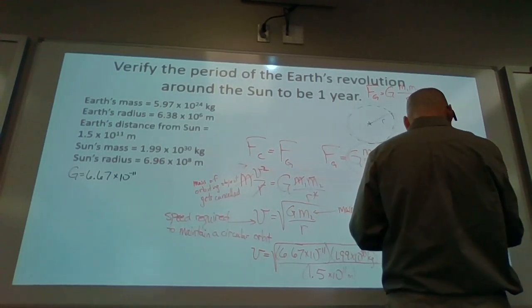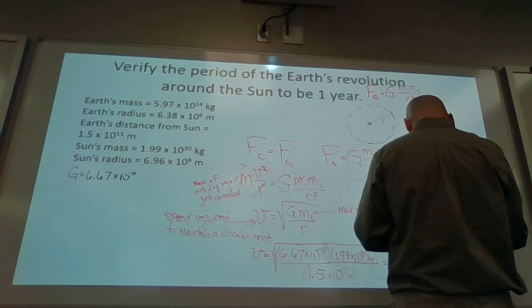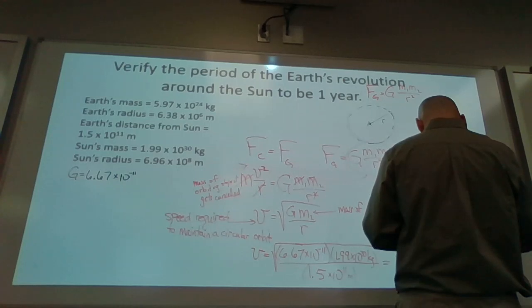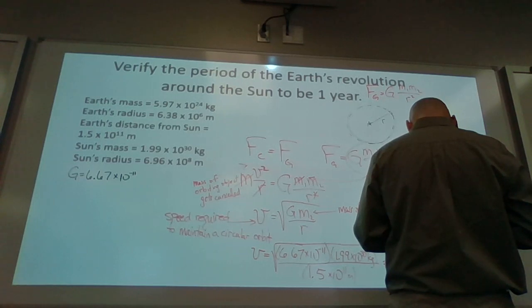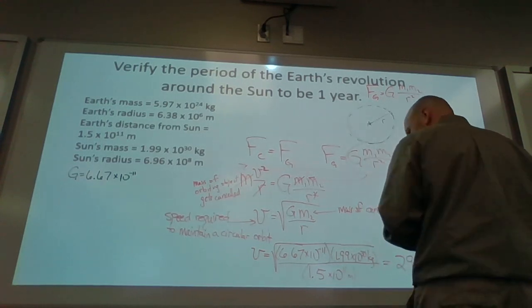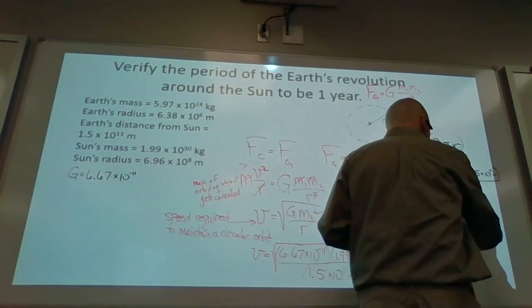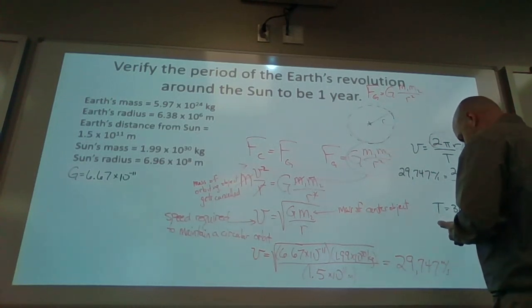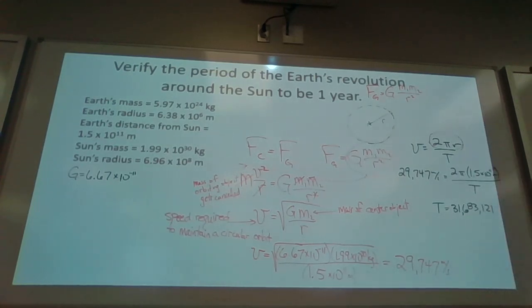It's 31 million. I thought you were asking what 2 pi times 1.5 times 10 to the 11th was. Oh, top part, sorry. That's what I got.